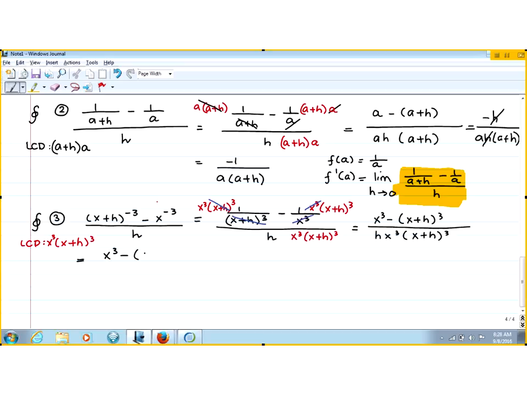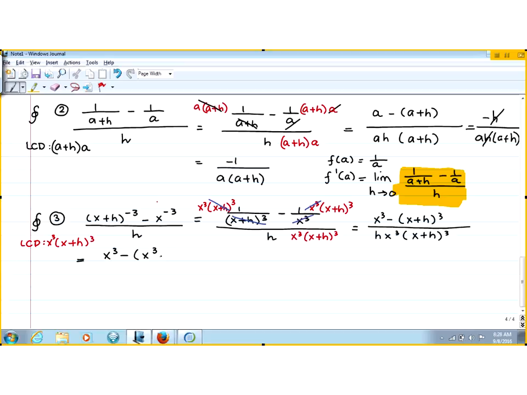No, we're using the formula that we had yesterday. What is a plus b cubed? a cubed plus 3a squared b plus 3ab squared plus b cubed. So we are going to expand this.